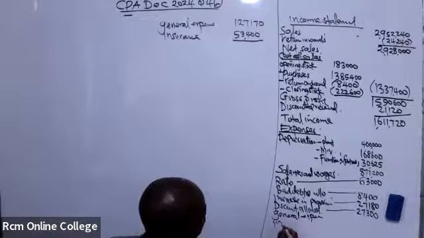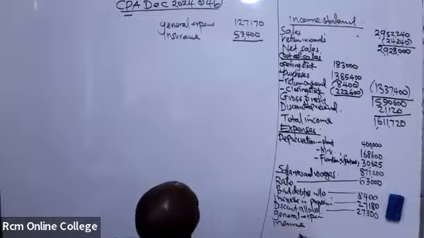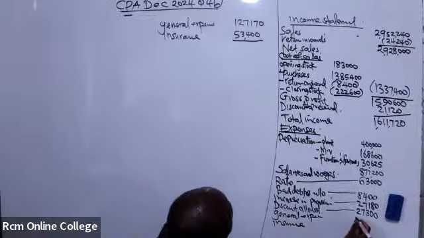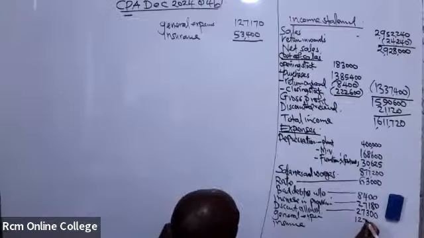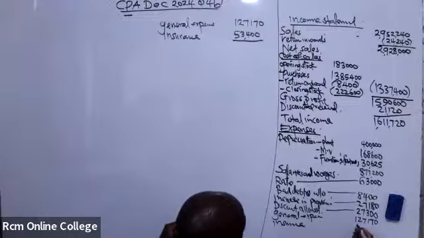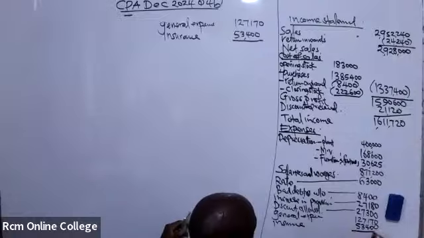Expense like insurance. So we have 127,170, then we have 53,400. So let's put all the expenses.